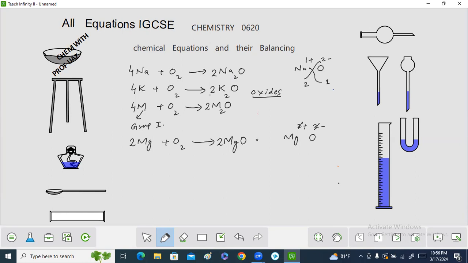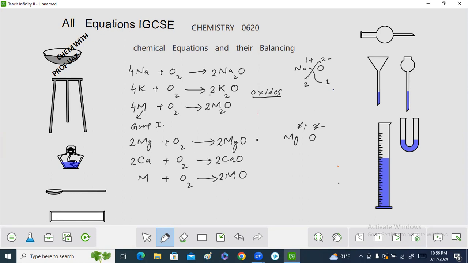So like magnesium, all the group 2 metals can react in the same way to form metal oxide, and the student can balance in the same way. If the element of group 2 is represented by a letter M, if it reacts with the oxygen, we will get the formula MO.